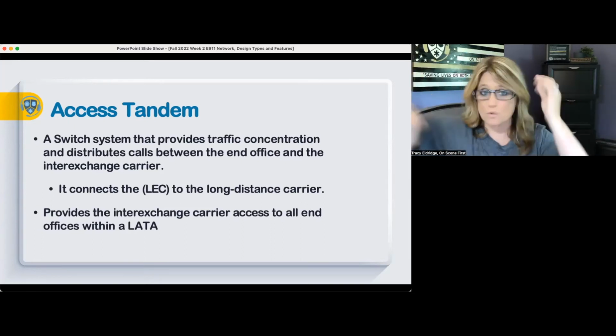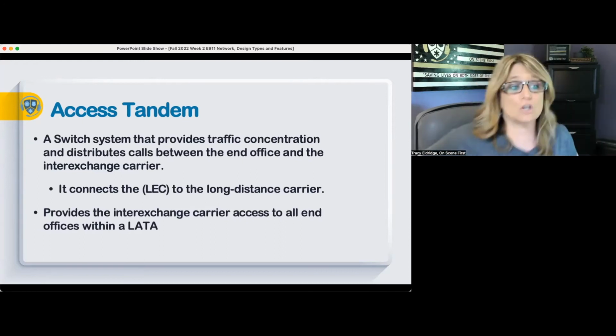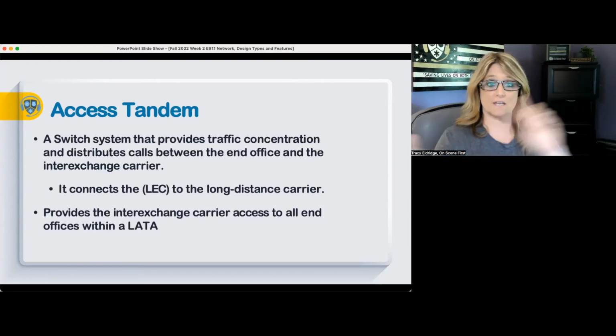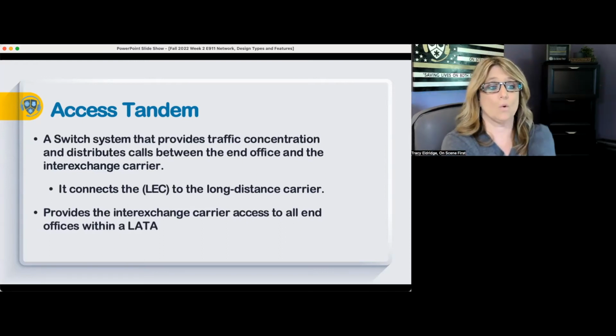Now it's going to send it on to another network, and it's that inter-exchange carrier that's going to allow that to happen. So it connects the LEC, the local exchange carrier, to the long distance carrier. Okay, so it provides the inter-exchange carrier access to all end offices within the LATA. All right, so I hope that makes sense.